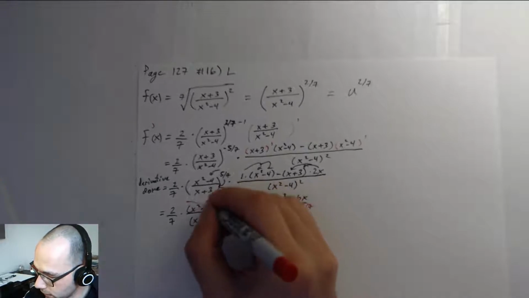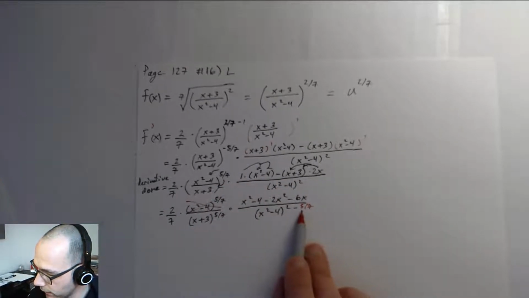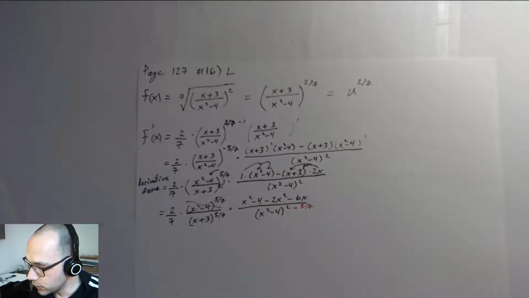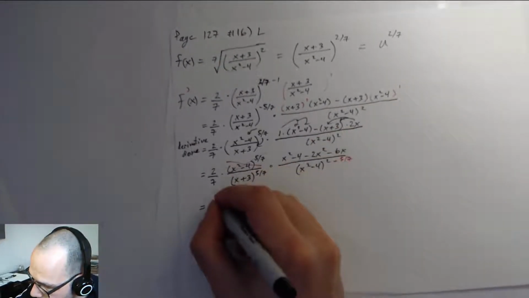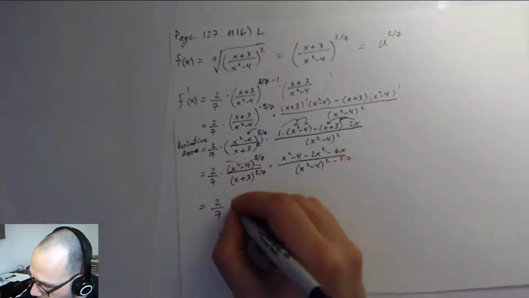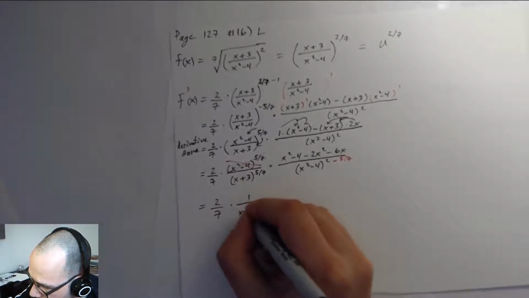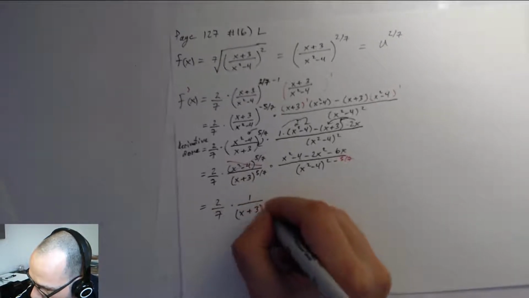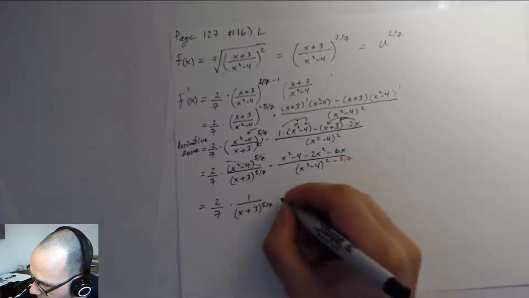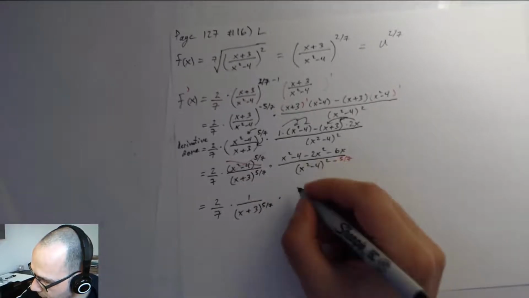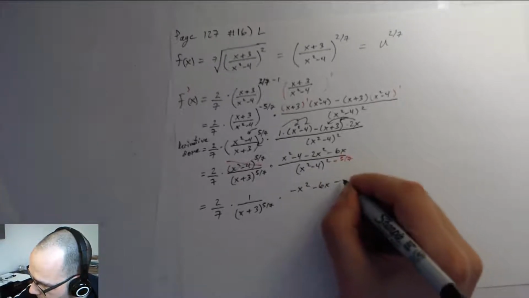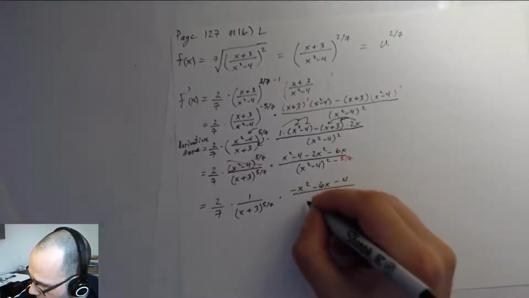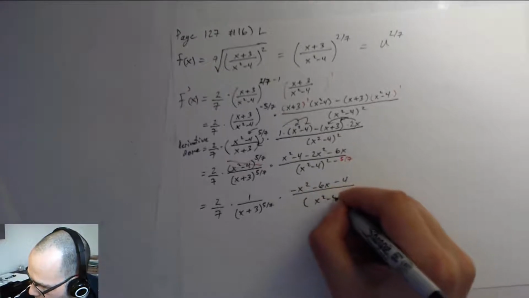So this one will disappear, and from this one I subtract 5 over 7. So it's just going to be equal to 2 over 7 multiplied by 1 over (x plus 3) to the power of 5 over 7, multiplied by this one, which is going to be negative x squared minus 6x minus 4, all of that over that bracket, x squared minus 4.